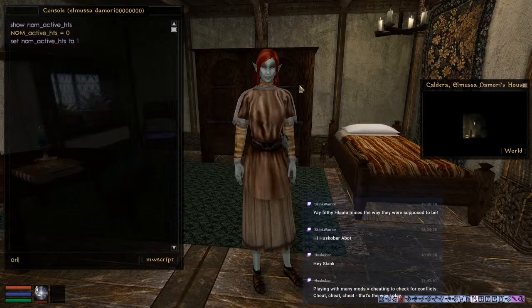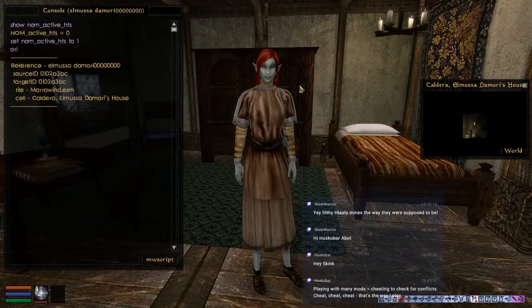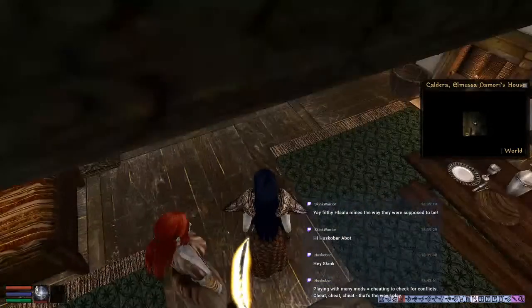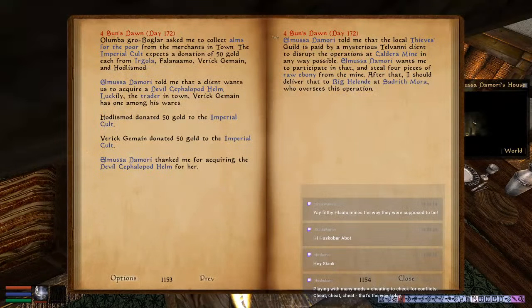Because I don't think she's a member of a special mod. She just has this quest. So what I can do is look for her journal entry in my mods and try to understand what mod this is coming from.